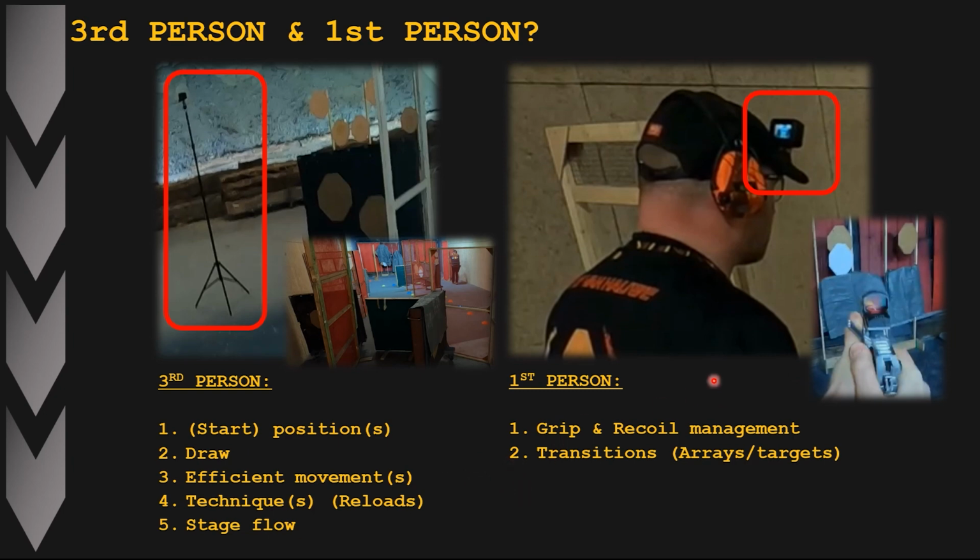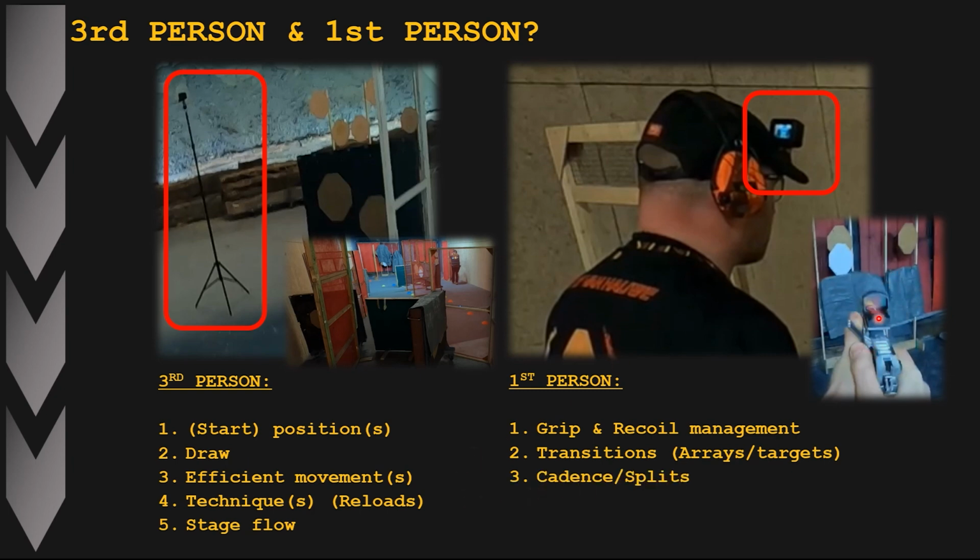I also use the first person view to see if and how I transition in between target arrays and or targets. So am I doing it correctly? There's a lot of things you can actually conclude based on the first person view.